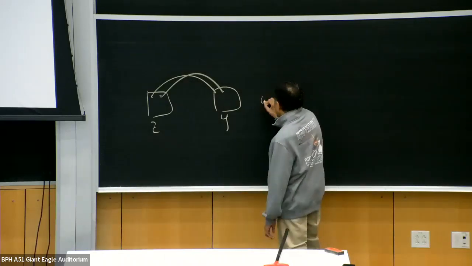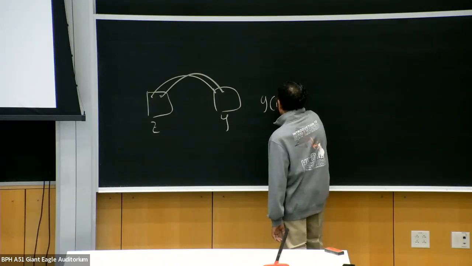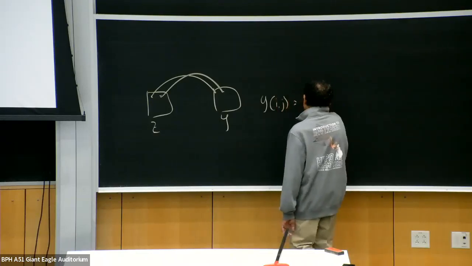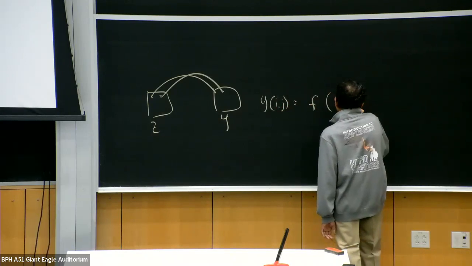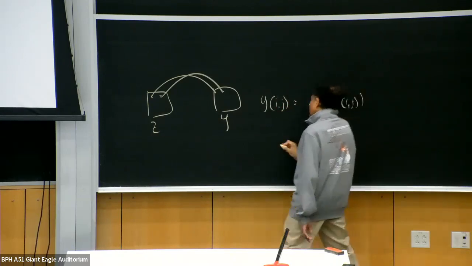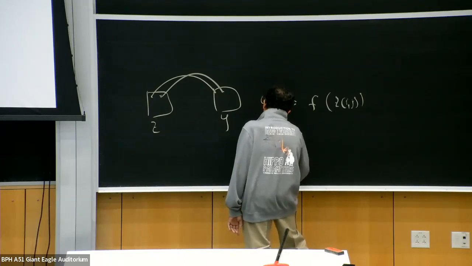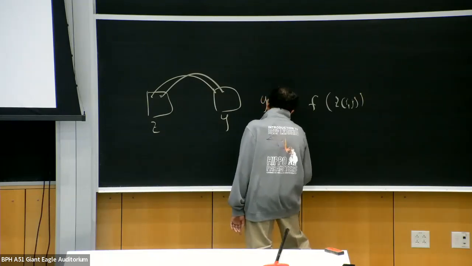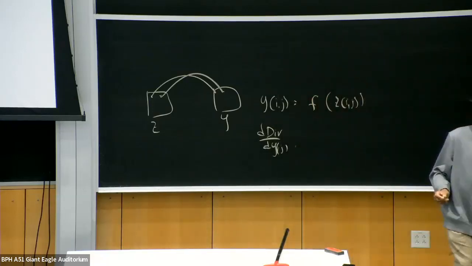So I'm leaving subscripts and superscripts out. I'm saying y_ij equals some activation function of z_ij, and I have the derivative of the divergence with respect to y_ij. So what is the derivative of the divergence with respect to z?